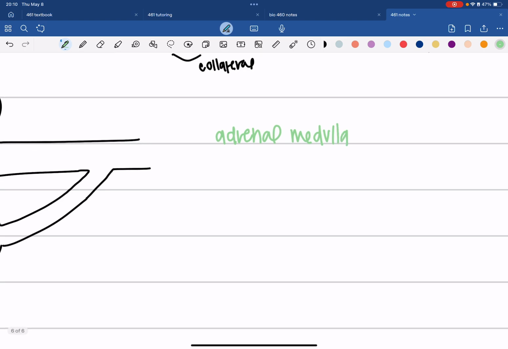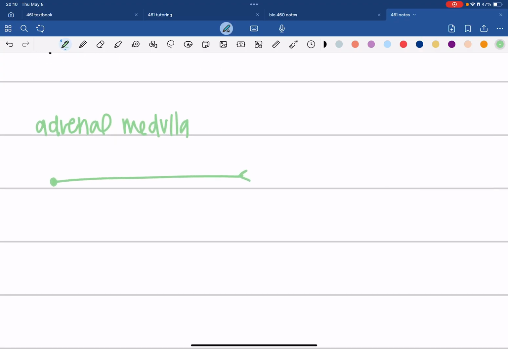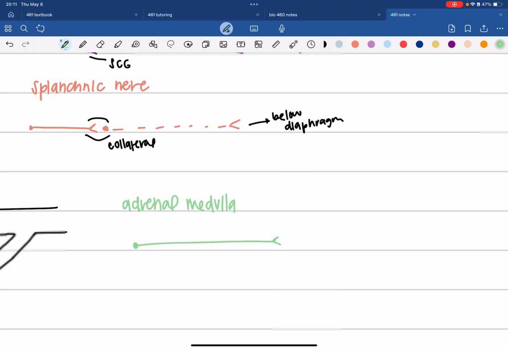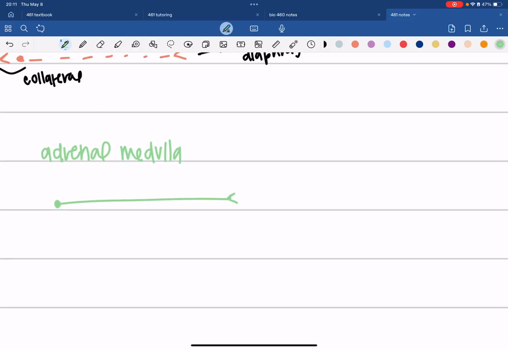And this one is going to be one long myelinated neuron. And it's going to go straight through our sympathetic chain ganglia and through our collateral ganglia. And it's going to synapse right on our adrenal medulla to release epinephrine.